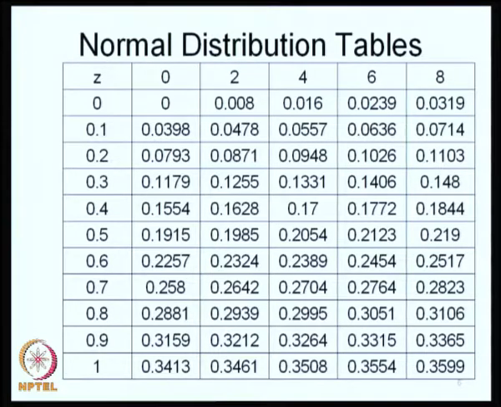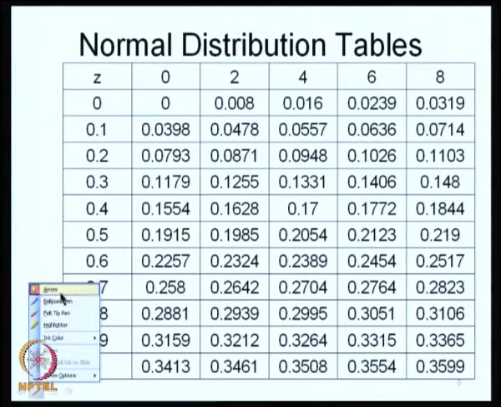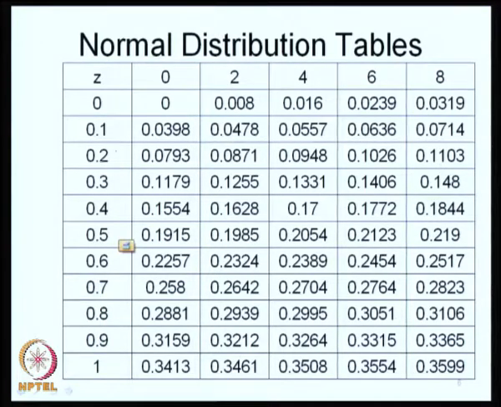So, for example, let us say z is equal to 0.24. What is it that we are looking at? We are looking at the area under the standard normal distribution up to 0.24.